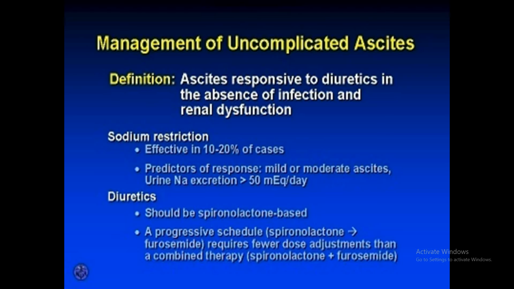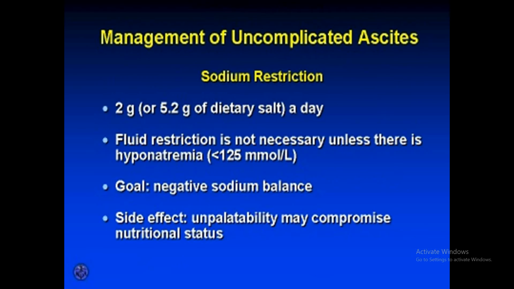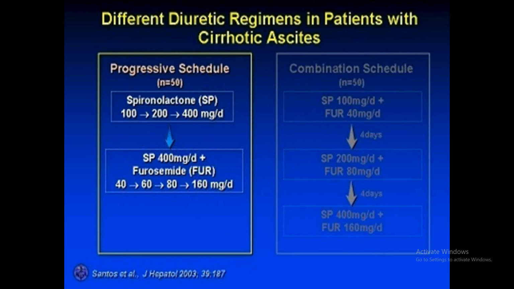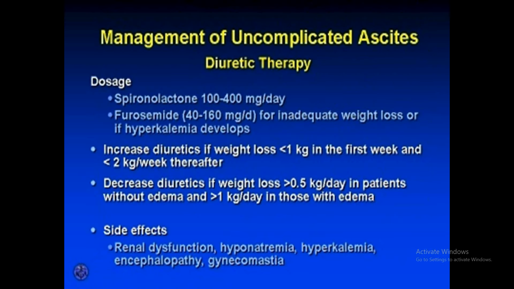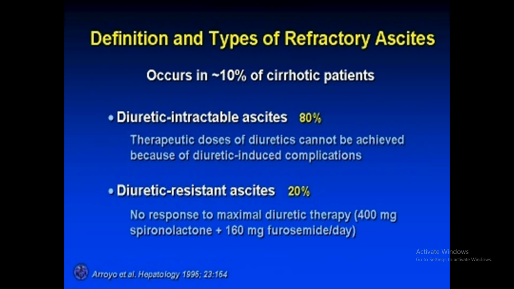That is called, as already mentioned, TIPS, the transjugular intrahepatic portosystemic shunting. Surgery can save the patient from the reaccumulation of the fluid. So I have already said about the sodium restriction and the water restriction, etc., and drugs already mentioned. So the diuretic therapy is the mainstay of the therapy.